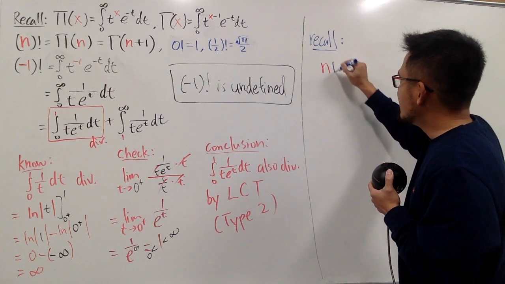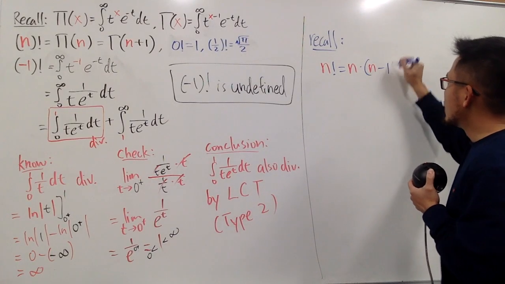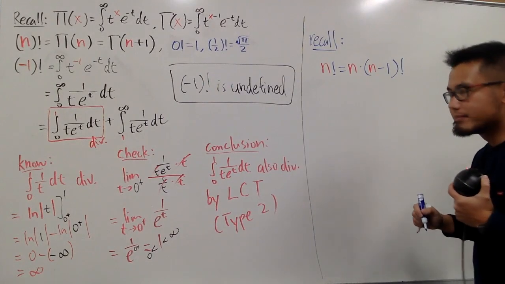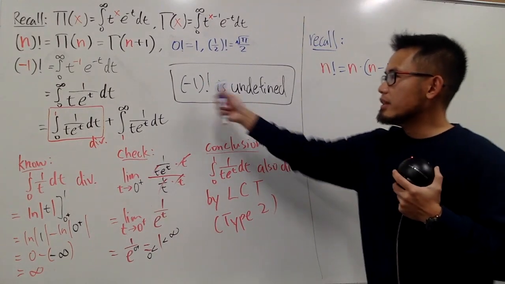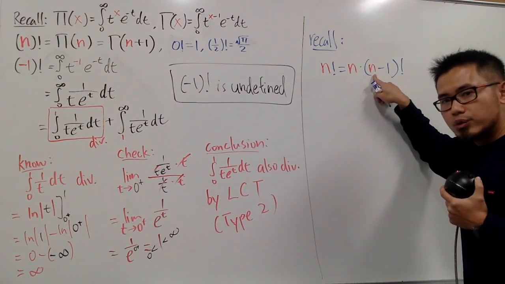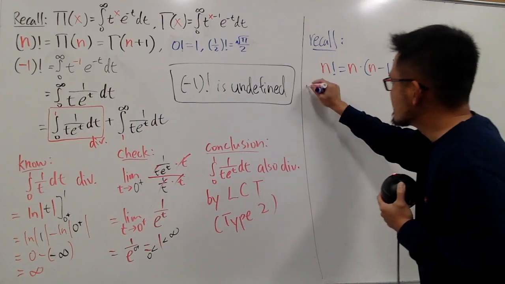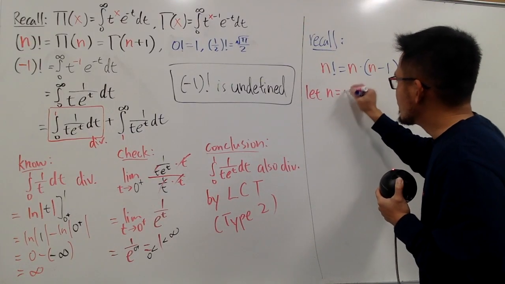When we had n factorial, this is equal to n times n minus 1 factorial, right? I want to come up with -1 factorial. Well, if I put 0 into n, I will have the -1 factorial right here, right? So I will just say, let n equal to 0.